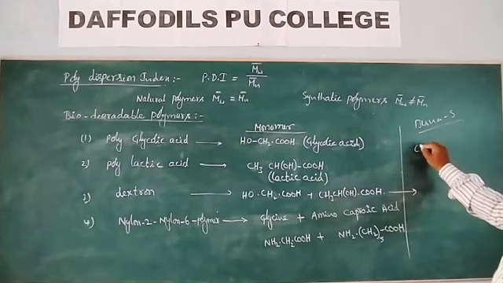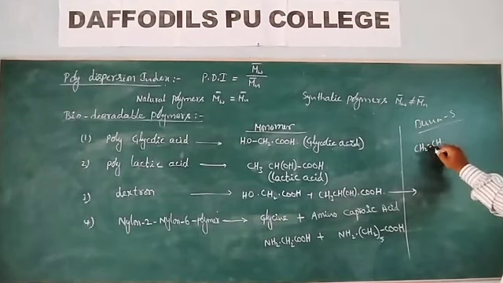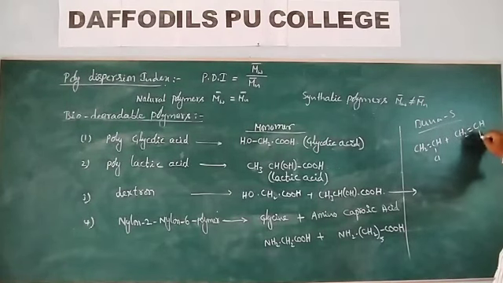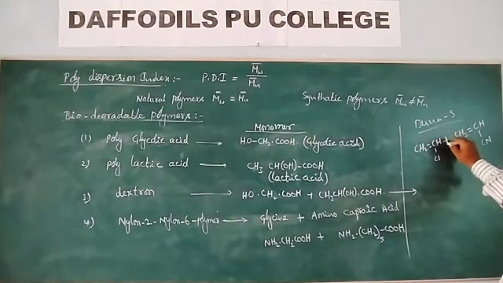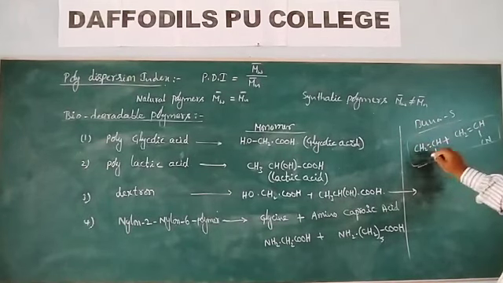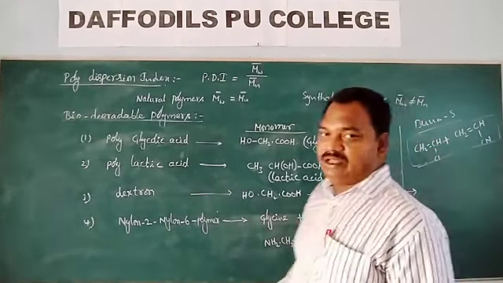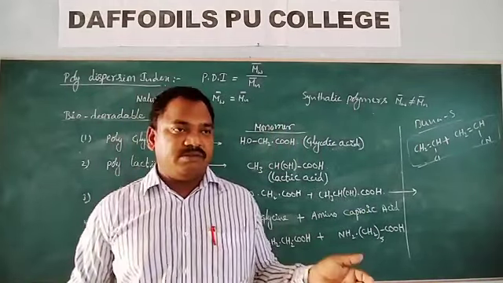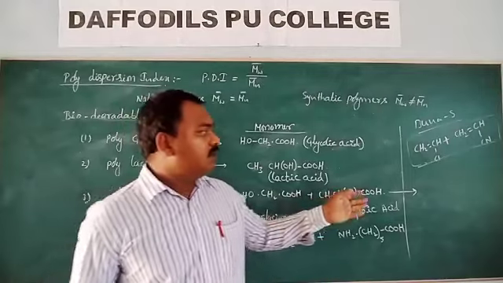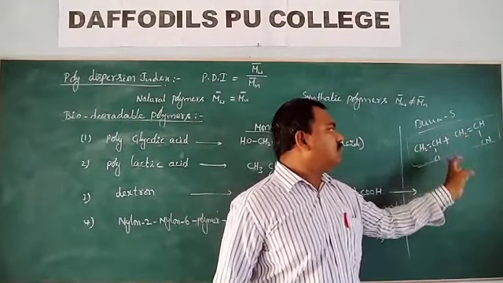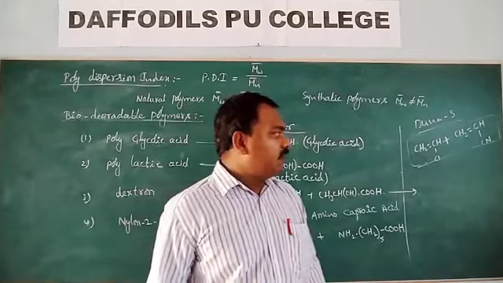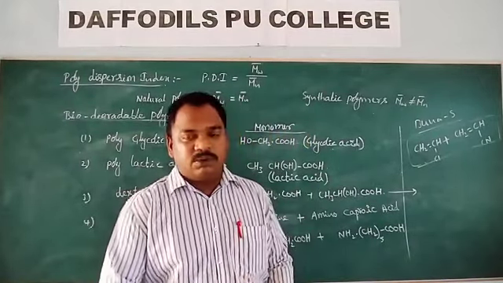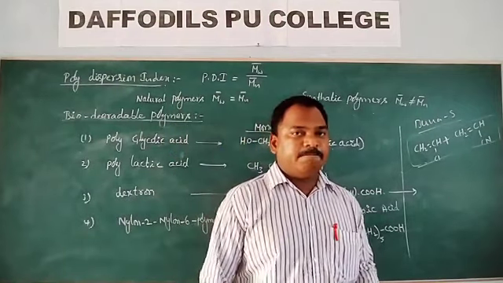Wigs are made with vinyl chloride and acrylonitrile. The hair in wigs is made from the monomers of these two things, vinyl chloride and vinyl cyanide. So this is about this polymer chapter.